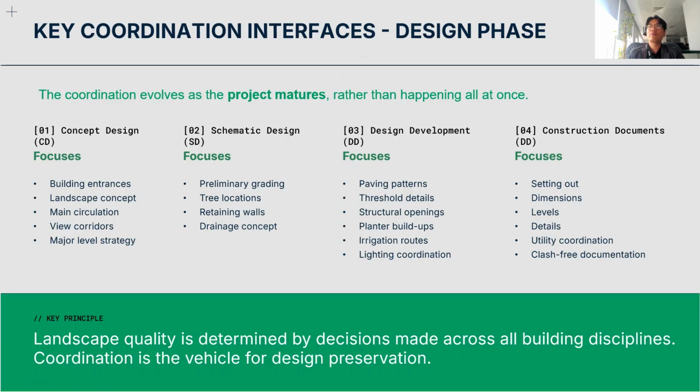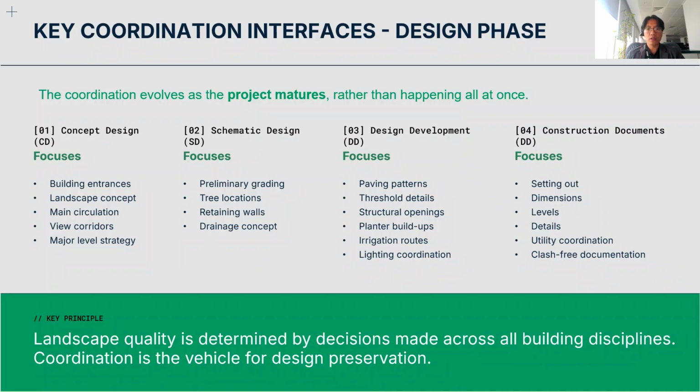Moving to the schematic design, our focus is on the gradings, the tree locations, retaining walls, and the drainage concept. In design development, based on our deliverable design, we need to focus on paving pattern, threshold details, structure openings, planter build up, irrigation routes, and lighting coordination.